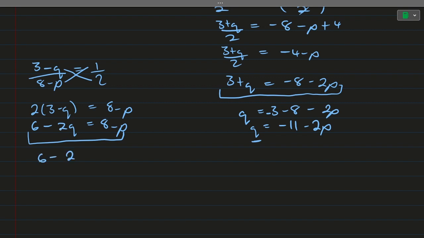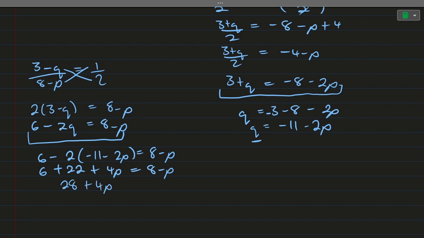So it becomes 6 minus 2 times (-11 minus 2p) is equal to 8 minus p, and this becomes 6 plus 22 plus 4p is equal to 8 minus p, which is 28 plus 4p is equal to 8 minus p.